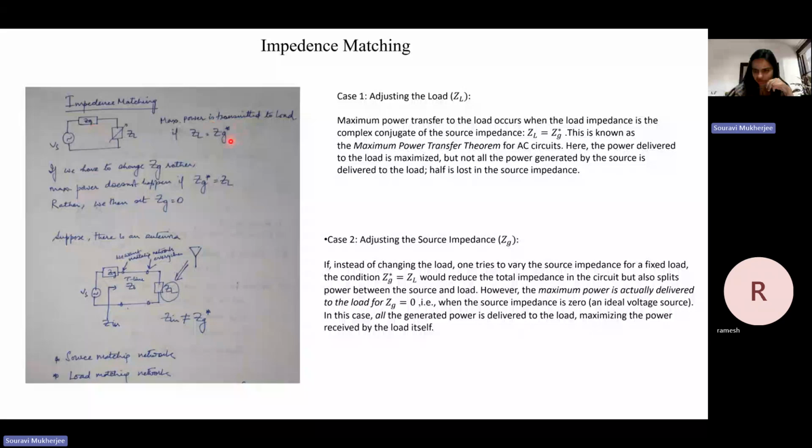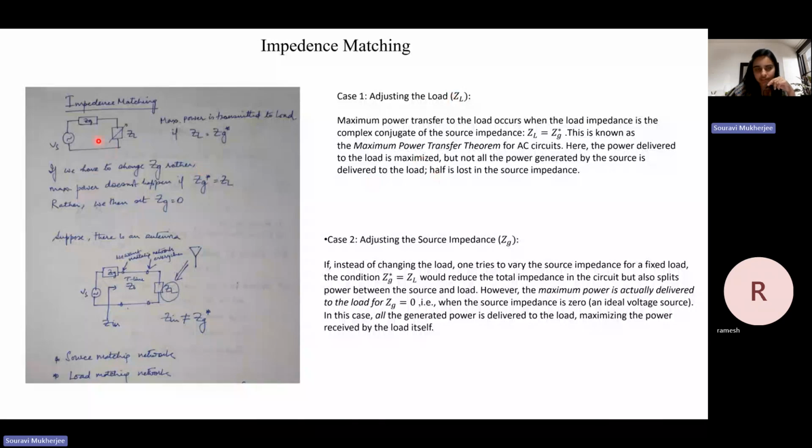Now that you have to adjust the load, remember that maximum load does not mean that all the power is being delivered. It's the maximum power delivered, and that's actually half of what you have at the source. So that's one way.